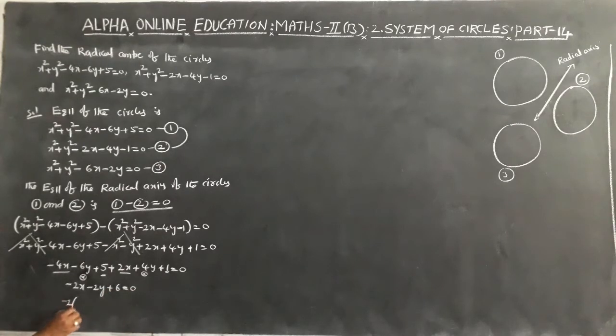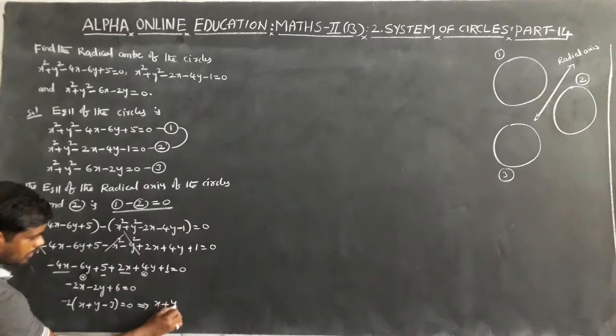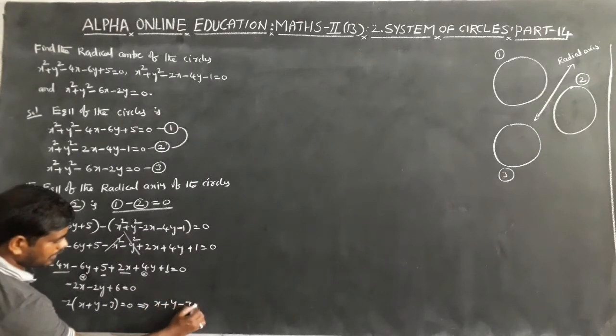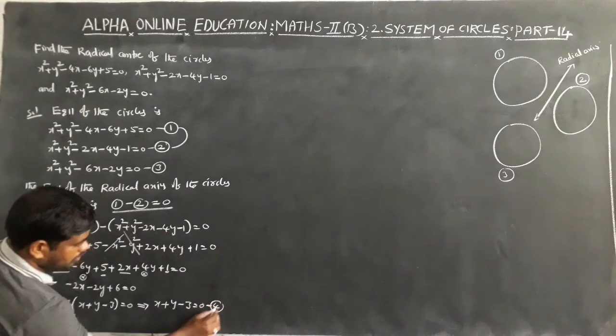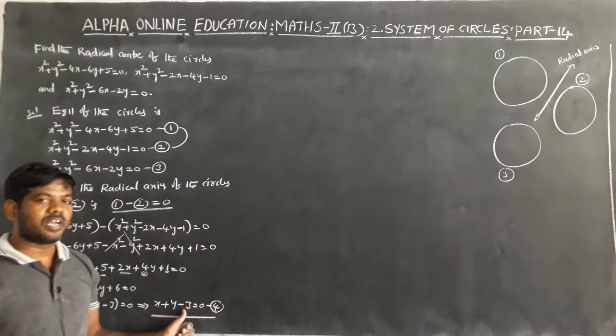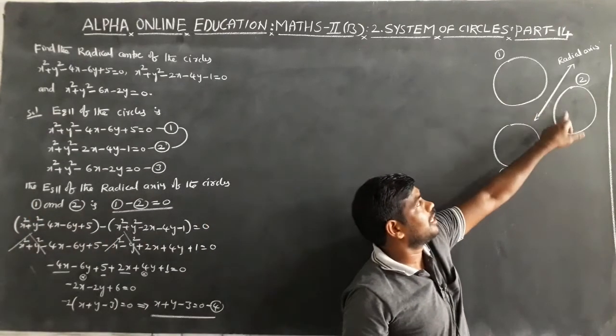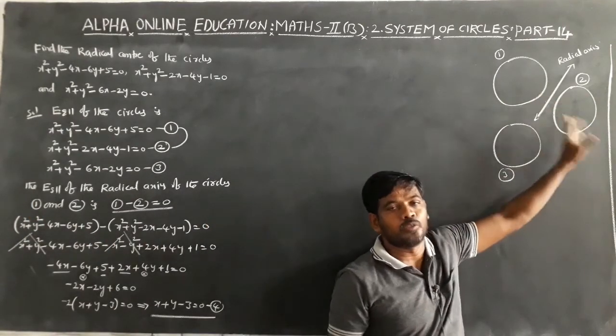Minus 2 common: x plus y minus 3 is equal to 0. This is the equation of the radical axis of the first two circles 1 and 2.